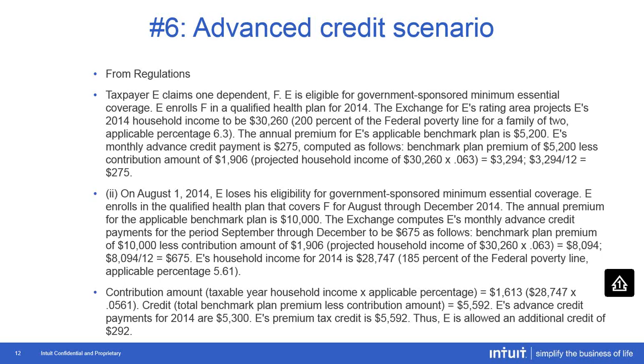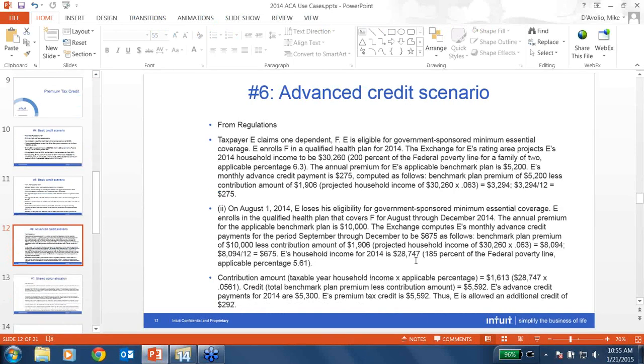The exchange computes E's monthly advance credit payments for the period September through December to be $675. I won't show you the math, but you can refer to it. E's household income for 2014 is $28,747, and that's what our true credit is going to be based on.